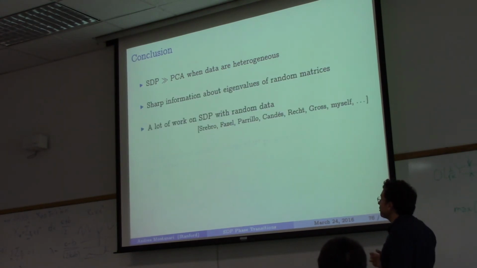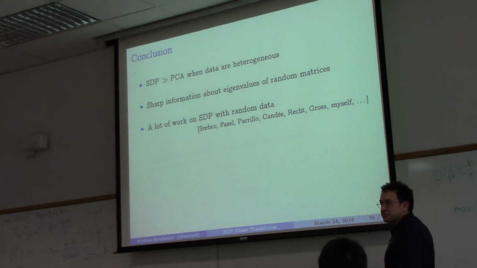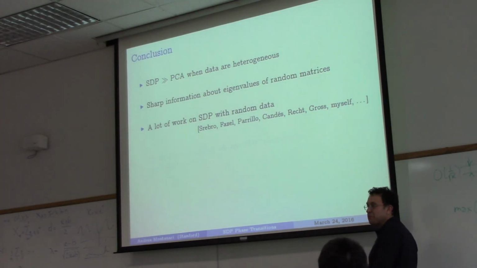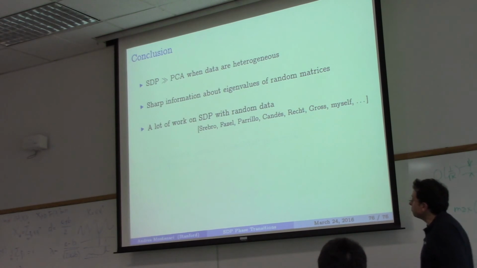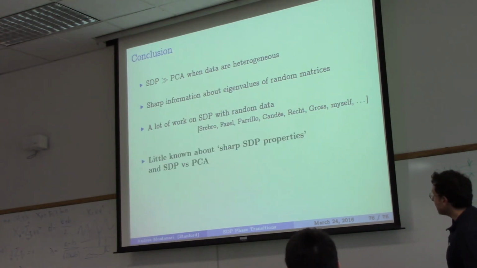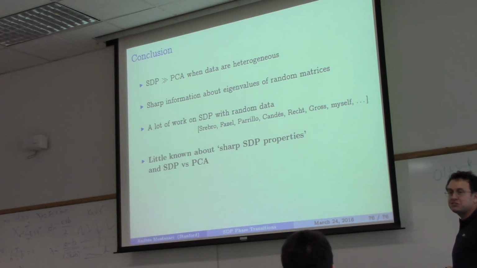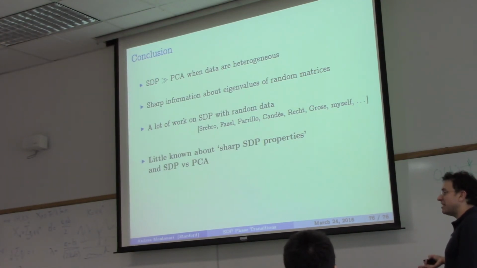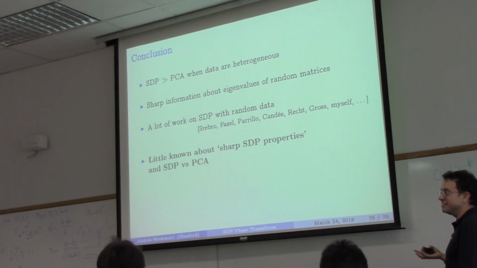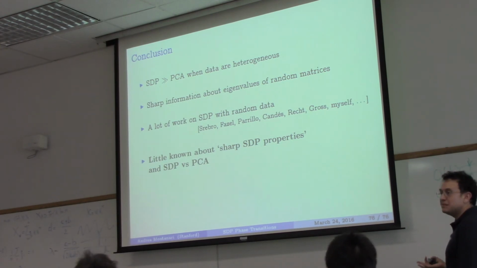The main take-home message from a practical point of view for me is that SDP is much better than PCA when data are heterogeneous. I didn't understand this before proving all of this stuff. It's an obvious thing, but I think it's very important. And from a theory point of view, there is a lot of information about spectral properties of random matrices, norms of random matrices, eigenvalues of random matrices, but very little is known about the value of the SDP.